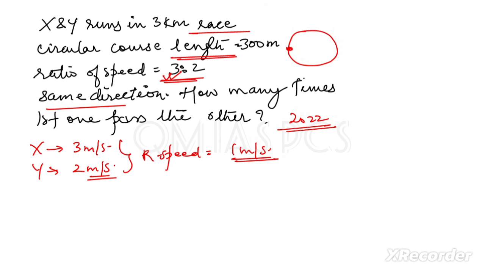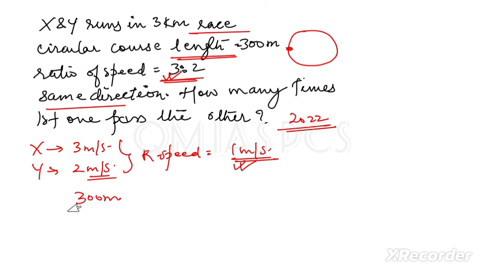The faster person has to travel 300 meter extra to cross that slower one.